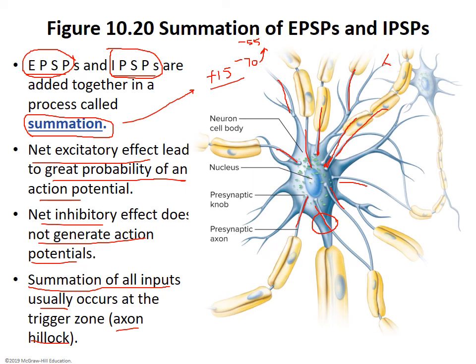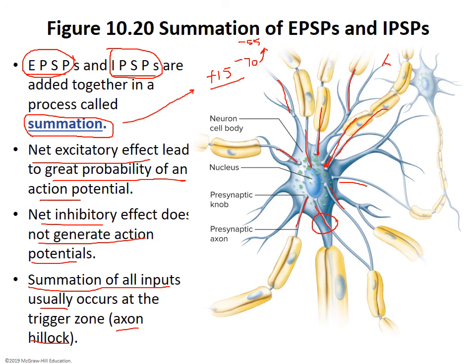Wherever an axon goes and releases the neurotransmitter, that is called a synapse. Usually the neurons are talking to each other, and there are going to be multiple synapses on the cell body of a typical neuron. That neuron is going to summate all of the information that's coming in.